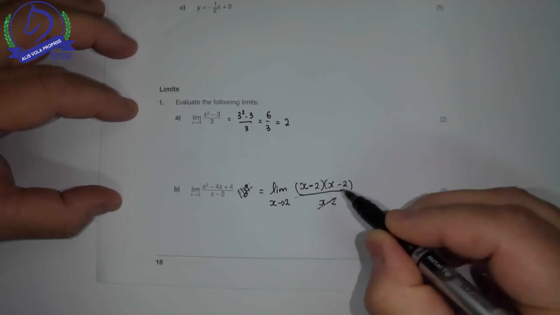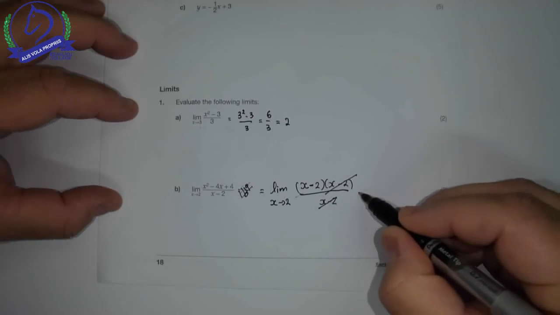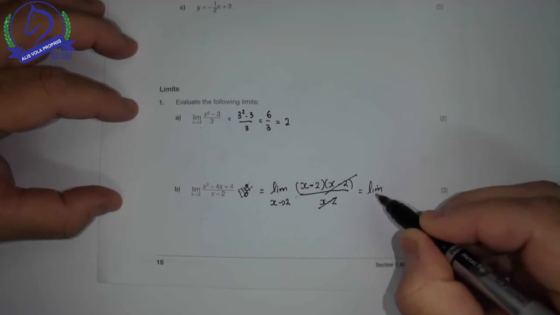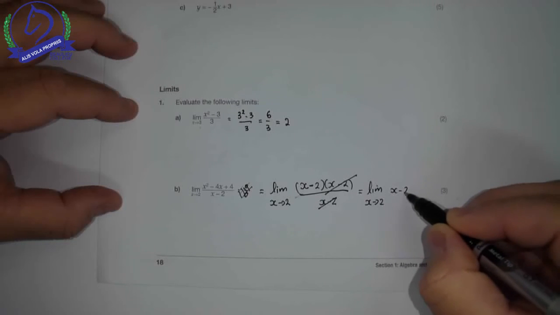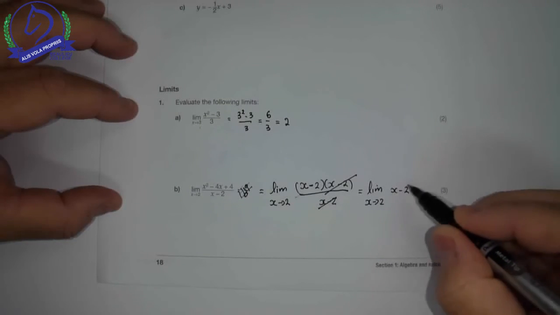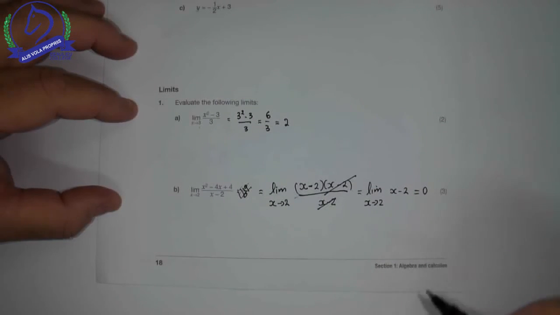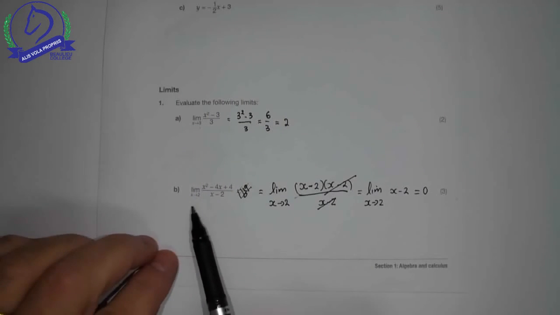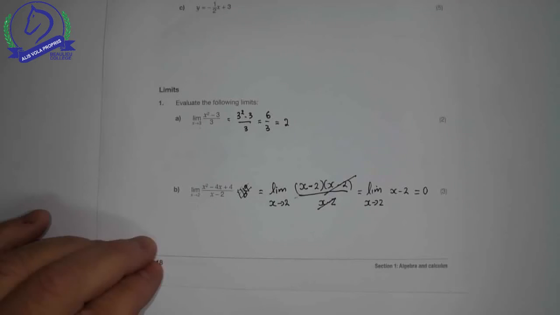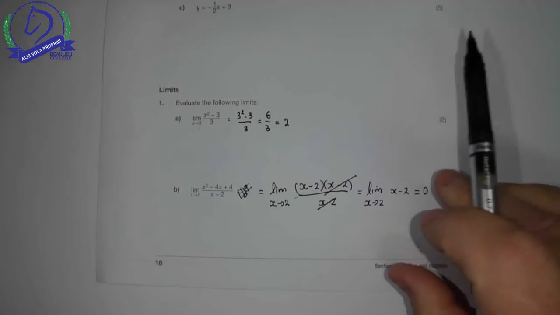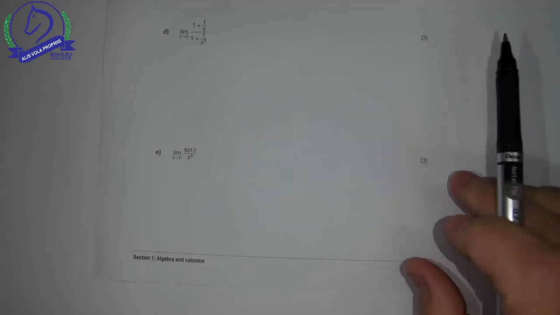I can now simplify this x minus 2 with one of these two, and that will give me the limit when x tends to 2 of x minus 2, which can now be easily calculated by substitution, and that limit is 0, which means that as x approaches 2 in this function, the value of the function is 0. And that's how you calculate your limits.